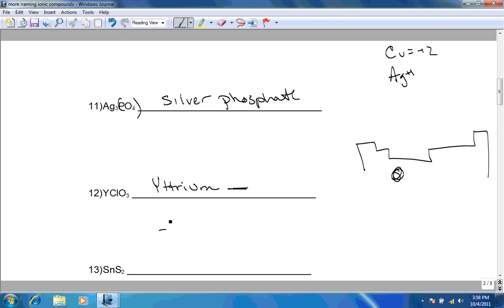And then we have ClO3, which is chlorate.